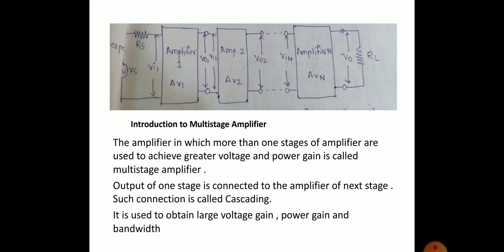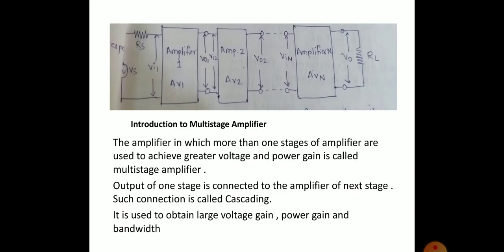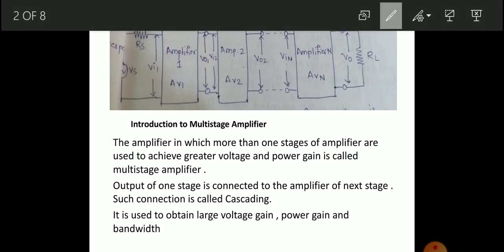Output of one stage is connected to the input of the next stage. So here we can see that whatever the output is there, we will be giving it to the next stage. Whenever you give output of one stage as input to the next stage, we call this connection cascading. See here, we can see this V01 is given as input to the amplifier 2.